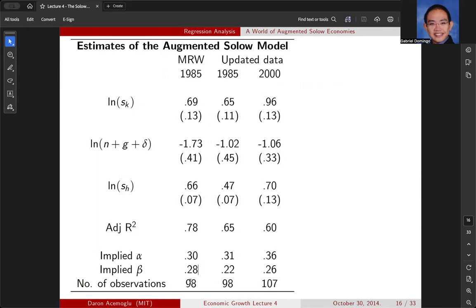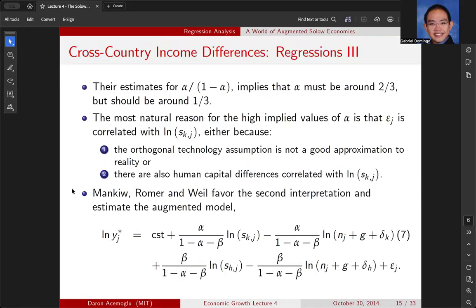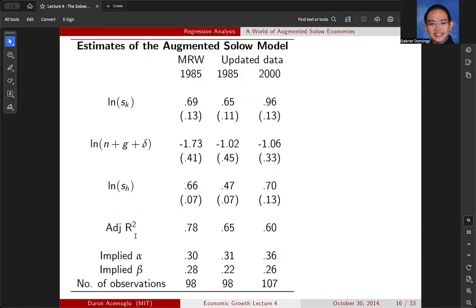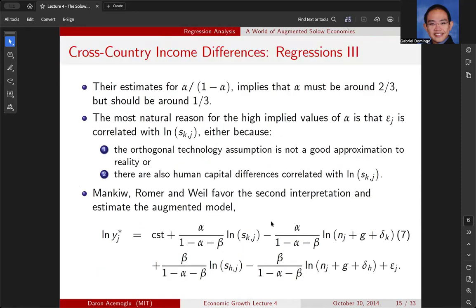So make sure you're able to get these values here, 0.3 and 0.28, from these values, 0.69 and 0.66, because that comes from this equation here, alpha over 1 minus alpha minus beta, that is in fact 0.69. The other thing here is that the coefficient on n plus g plus delta K, the growth rate of labor plus g, which is assumed, plus delta K, the depreciation rate, is alpha plus beta.